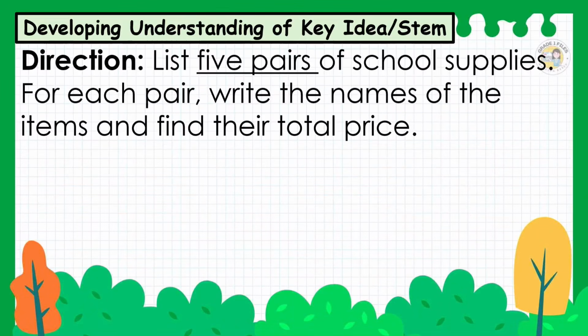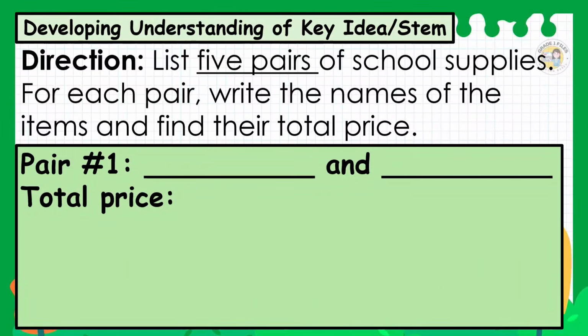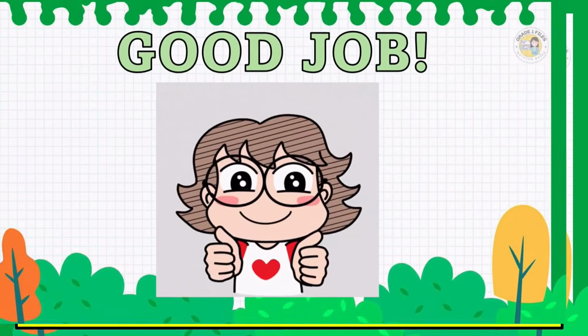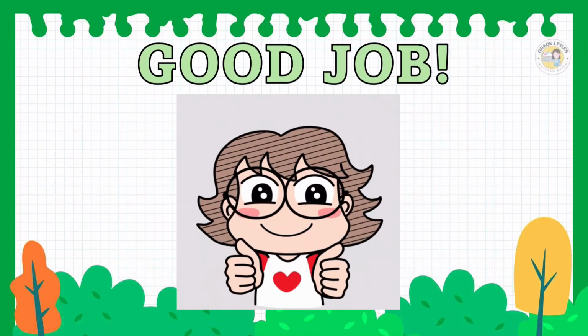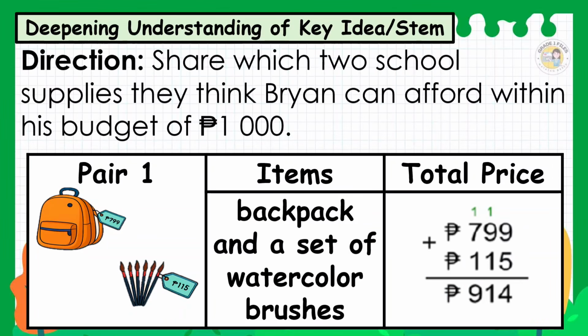For each pair, write the names of the items and find their total price. Share which 2 school supplies they think Brian can afford within his budget of 1,000 pesos.